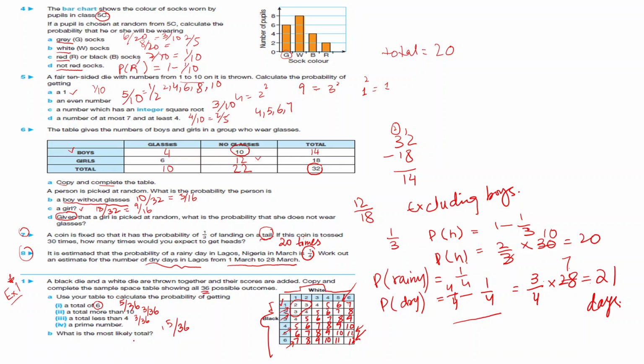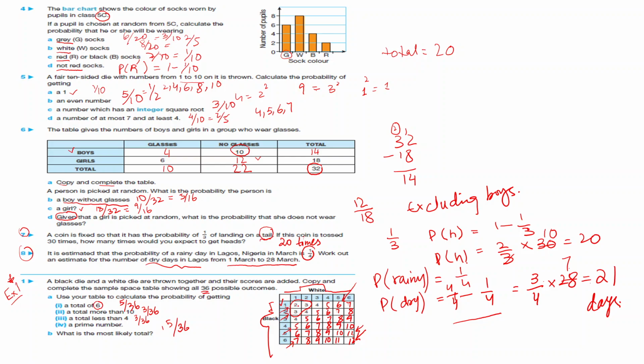What is the most likely total? The most likely total is the one with the maximum probability. Which number has the maximum probability? For 8, there are 1, 2, 3, 4, 5, so it's 5. For 7, there are 1, 2, 3, 4, 5, 6.